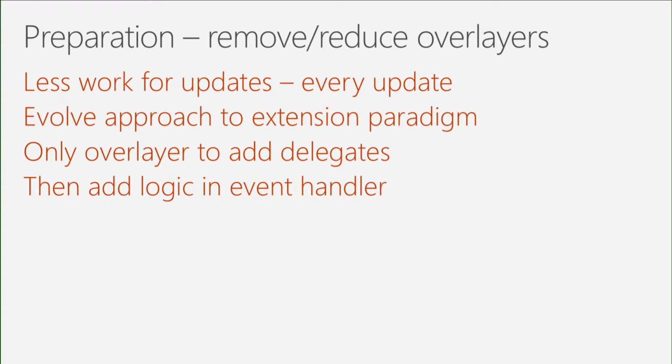Also, as I mentioned with platform, we'd like to know about extensibility points that you're regularly having to add that we don't have. We want to know for application as well. We don't want to know the one-off where one customer had some requirement where you had to add one, but when you're repeatedly having to add, then arguably there should be a standard extensibility point in there for you so that you don't have to overlay and add a delegate yourself, you know?